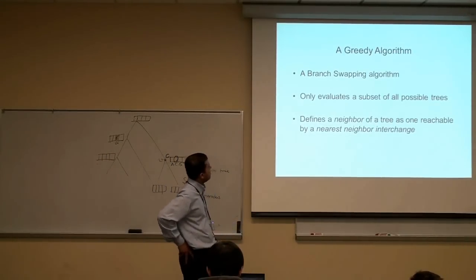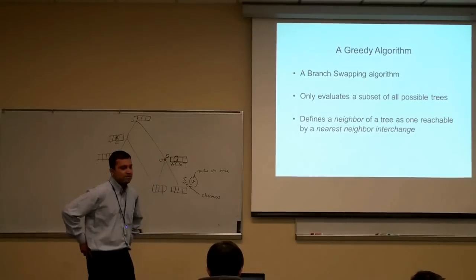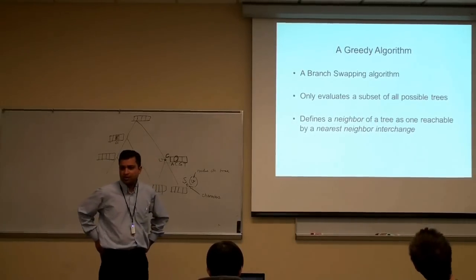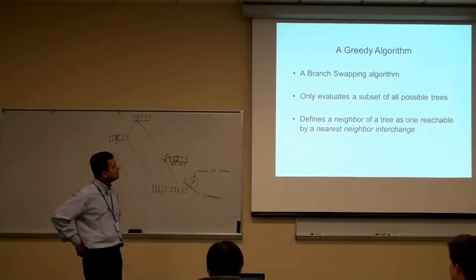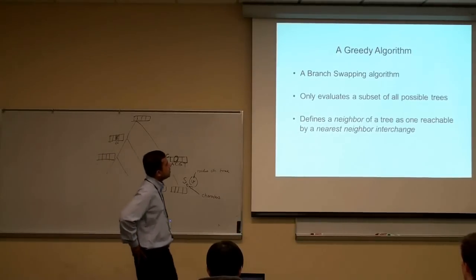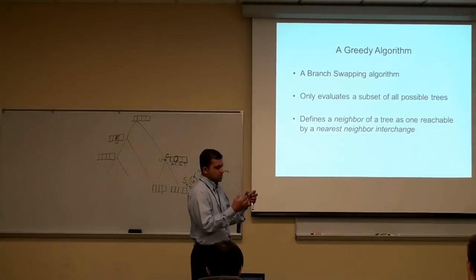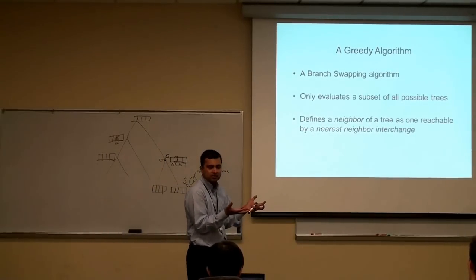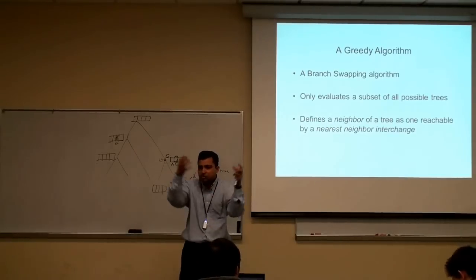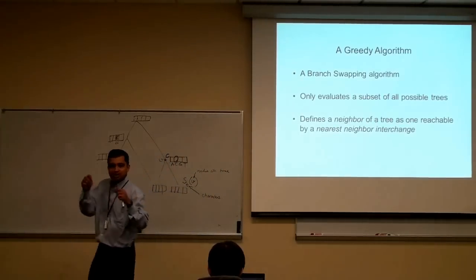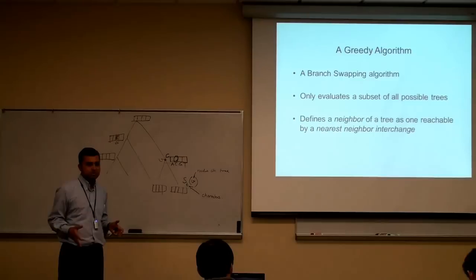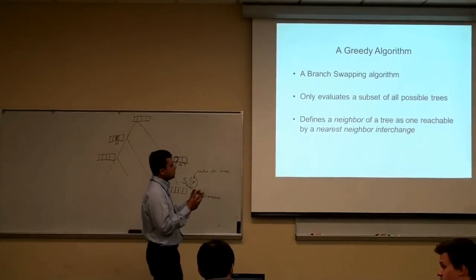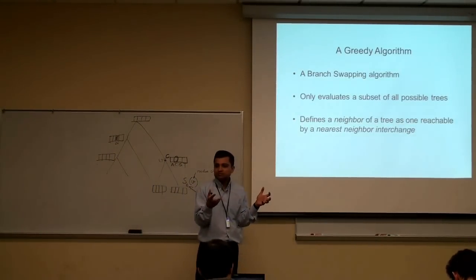It's a branch swapping algorithm. It only evaluates a subset of all possible topologies, all possible trees. What it does is it has a certain topology in hand. A topology is a tree relating all the species without any labeling on the nodes, without any branch lengths or anything, just a tree. And it has a score for that tree.